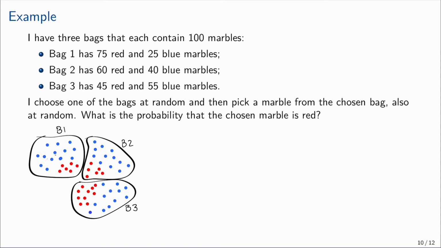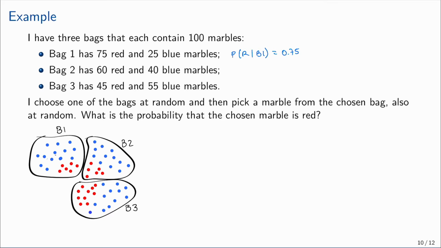In the first bag, we have 75 red and 25 blue marbles. So we can say that the probability of red, given that we are in bag number 1, is equal to 0.75. Remember that the total number of marbles is 100, so 75 divided by 100 is 0.75.